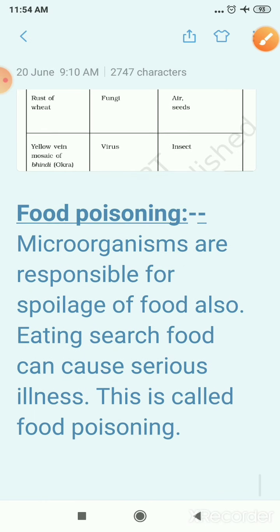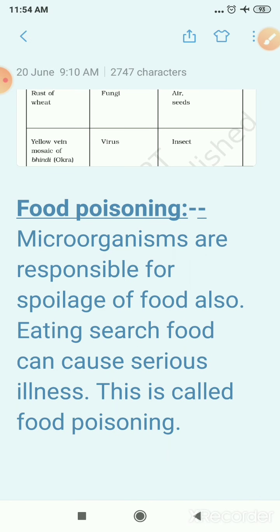There is only one topic left in this part, which is food poisoning. What is food poisoning? If we keep food for a long time, that food gets spoiled. And if somebody eats that food, it can cause serious illness.